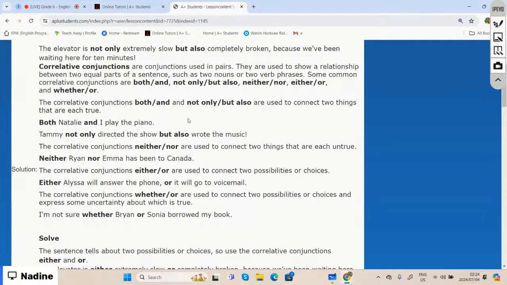They are used to show a relationship between two equal parts of a sentence, right? It can be two nouns or two verb phrases. And some of the common correlative conjunctions are words such as both or and, not only but also, neither nor, either or, whether or.